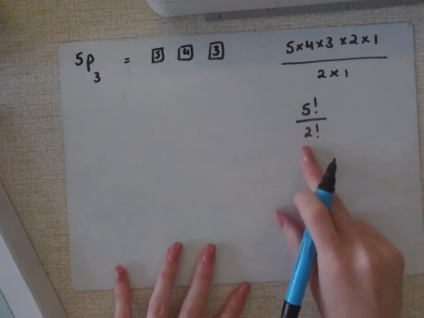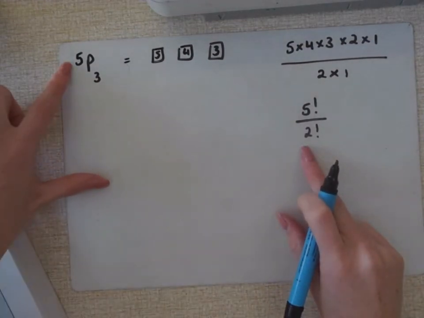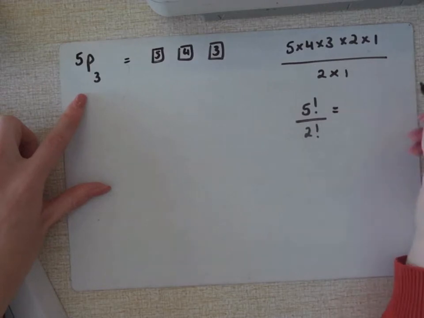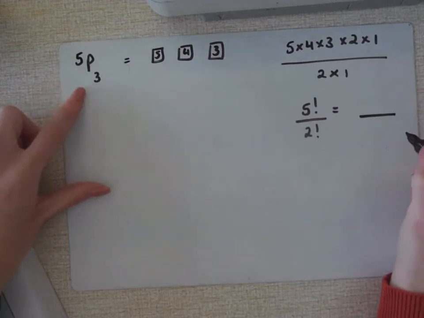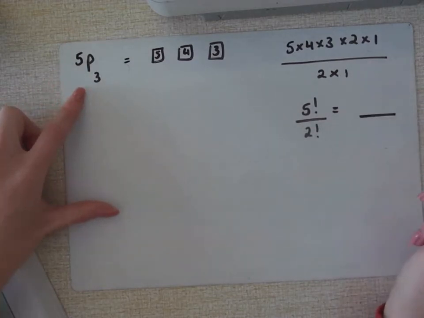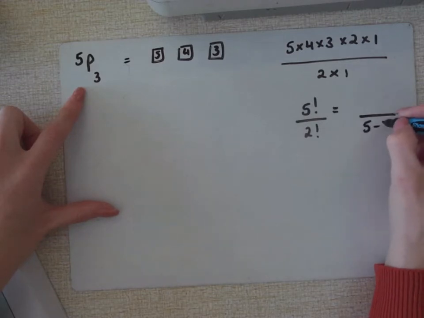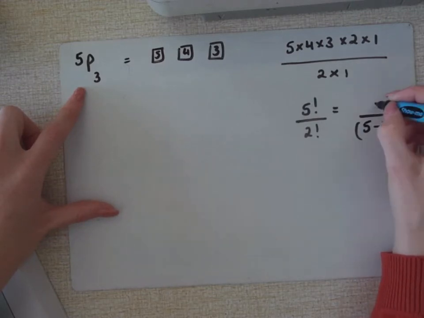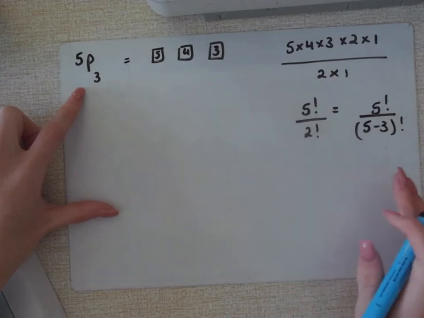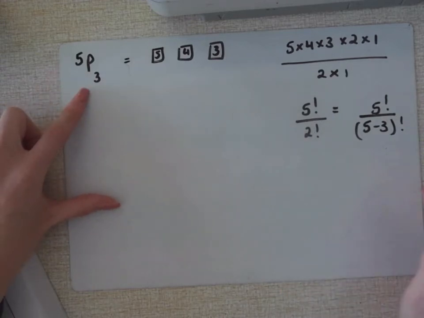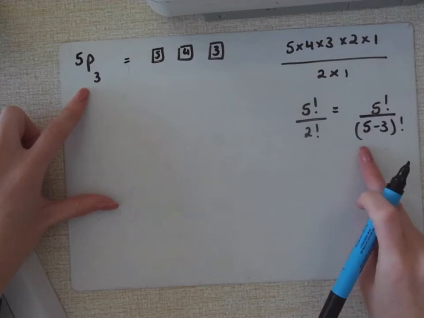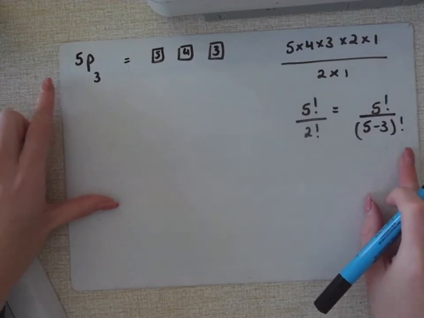How would I get 2 when I'm dealing with 5 and 3? How do you get 2 from 5 and 3? 5 take 3. It's the notation of it. 5P3 means 5 factorial over 5 take 3 factorial.